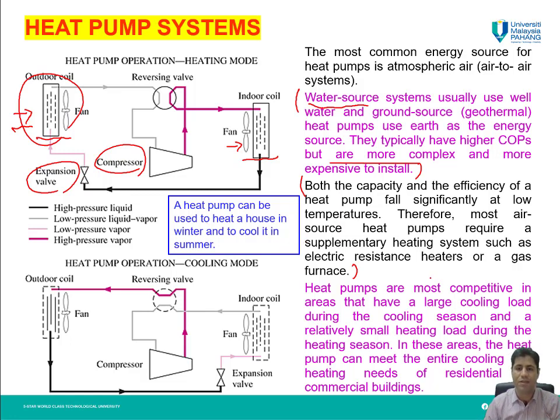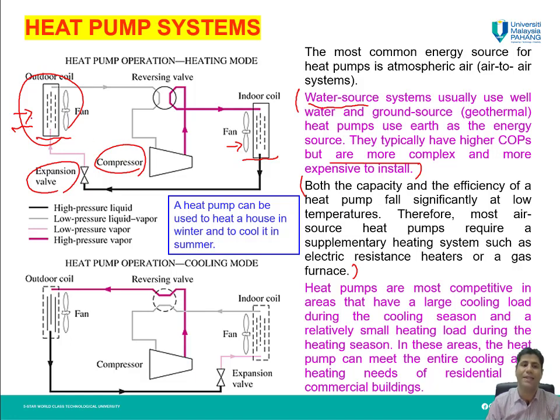And the capacity actually of the heat pumps is mainly dependent on this outdoor coil. And this outdoor coil, because its temperature is different from the surrounding, we have usually some freezing, some ice on the coils, which is located outside of the house actually, which will cause the reduction in the COP of the heat pump.